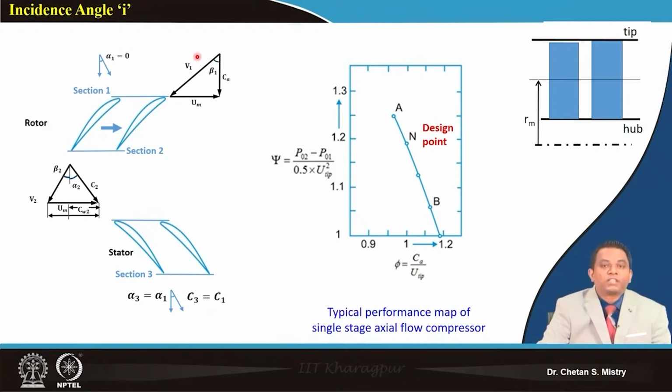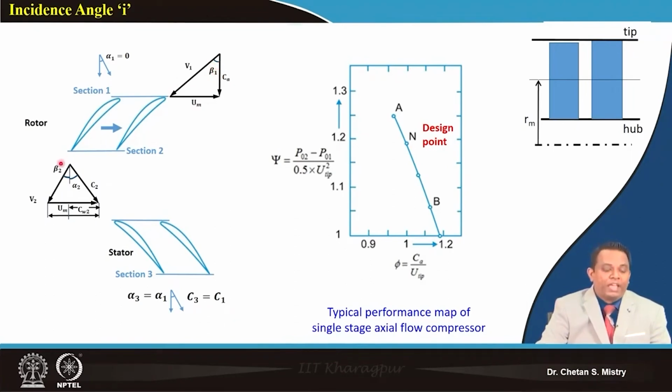Now suppose this compressor has axial entry, so this will be my velocity triangle. We have already discussed my axial velocity, peripheral speed, relative velocity. This is my air angle, beta 1.